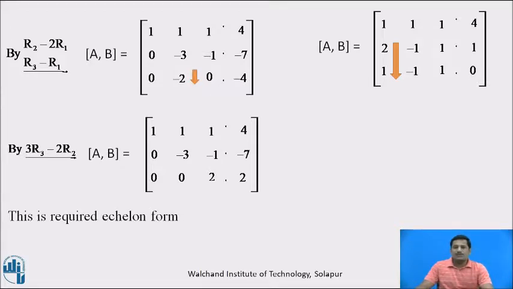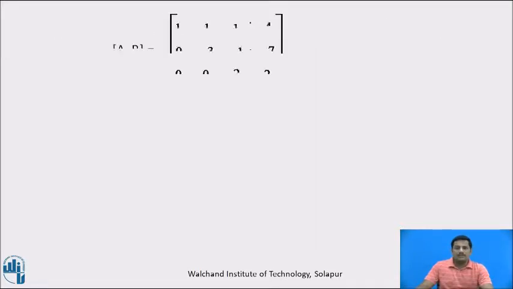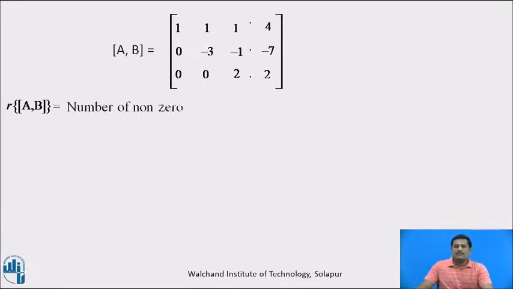Once I get the echelon form, now I have to calculate the rank of the augmented matrix AB and the rank of A. Here the rank of the augmented matrix AB is the number of non-zero rows in the echelon form of augmented matrix AB. Here we can easily see that there are 3 non-zero rows, therefore the rank of the augmented matrix AB is 3.